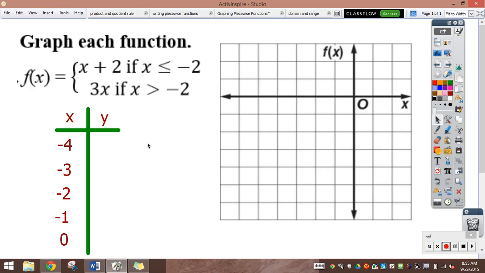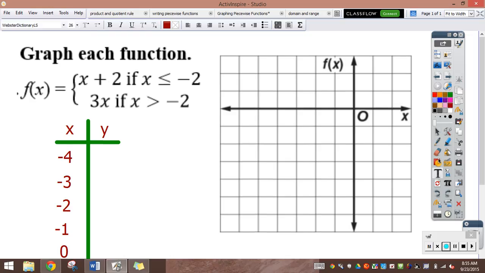Either way, we're going to evaluate and start with x equals negative 4. Negative 4 is less than negative 2, so I use this top expression, and that would be negative 4 plus 2, which would equal negative 2.